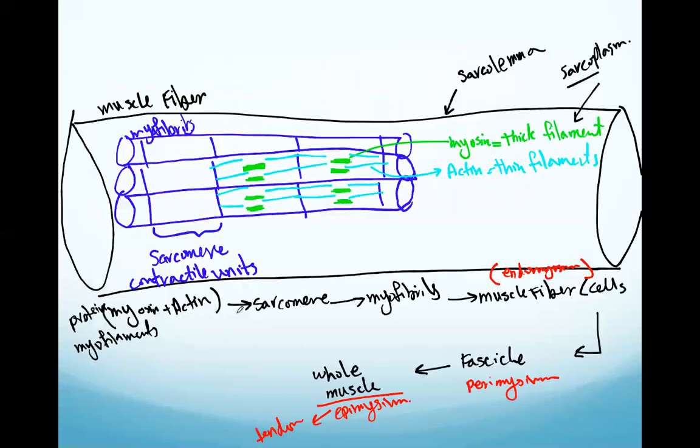So keep this in mind: the sarcomere is shortening. If the sarcomere is shortening, that makes your myofibril shorten, which causes the muscle fiber to shorten, which causes the fascicle to shorten, which causes the whole muscle to shorten.